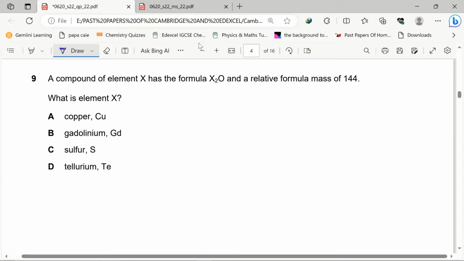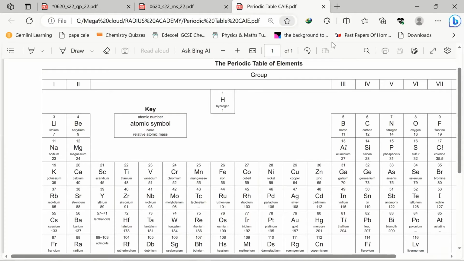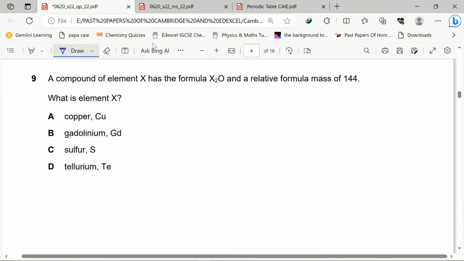Number 9, a compound of element X has the formula XO2 and a relative formula mass of 144. Which element is X? If we look at our periodic table, we need to find the mass of 144. So we have oxygen, 1 oxygen, which is 16, plus 2 times X should be 144.